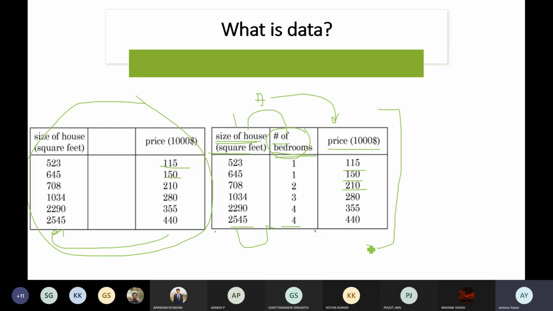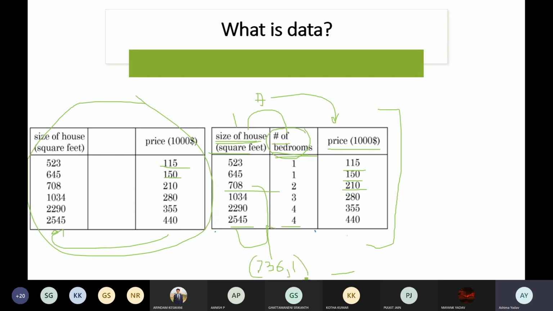So if the model is able to learn from the data, learn from the experience, and it is able to think. If you are given a new size of house, let's suppose I have a new size and a new number of bedrooms. Here I have a house whose size is 736 with, let's say, one bedroom.